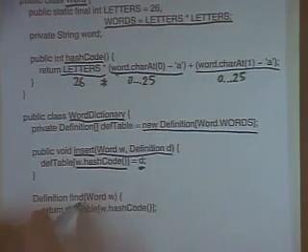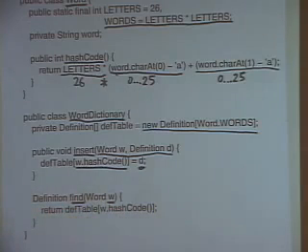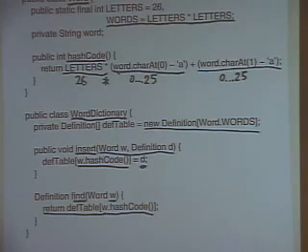And whenever I want to find the definition of a word, well, I just pass in the word, I look in the same place I stored the definition, and I return it. So very, very simple. Any questions so far? Yeah, so each of these operations, insert and find, are constant time. So these are all big O of 1 operations here. And that's what's nice about them is, you can look things up super fast.